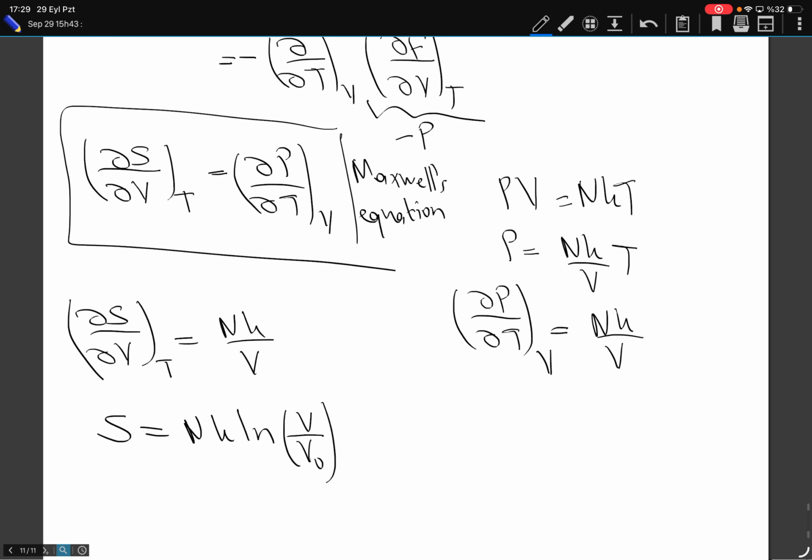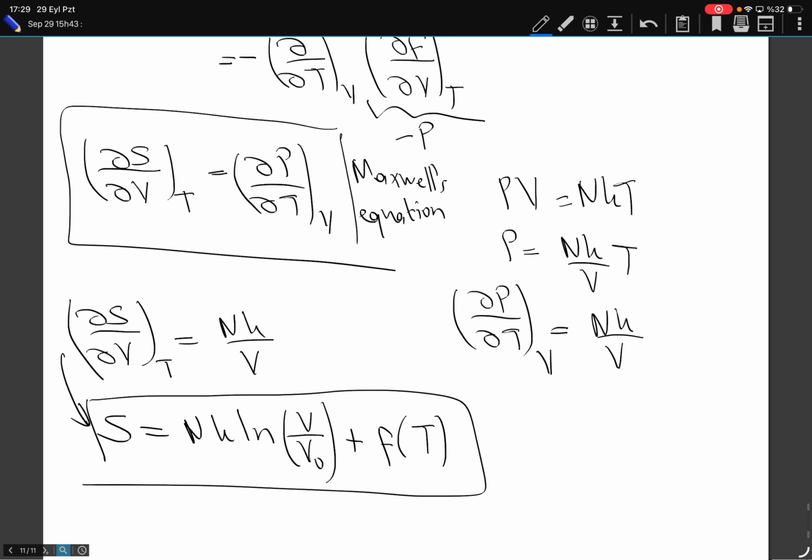You see, the constant will not change the derivative of entropy. But there is one thing you have to keep in mind. Temperature is constant in this derivative. If temperature is constant, I should add some function of temperature over here. This is the solution of this equation. The entropy as a function of temperature and volume should have that form.